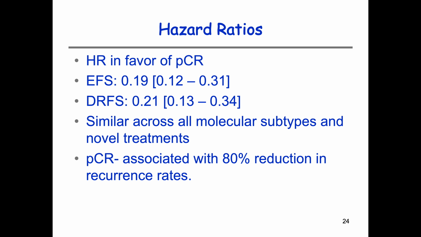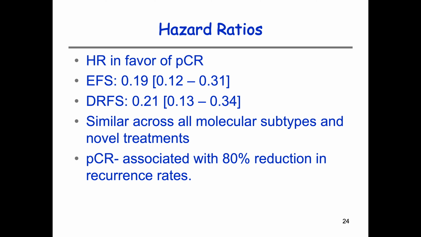Let's move ahead with a new trial. And here are the hazard ratios they found for EFS, 0.19. And these are hazard ratios in favor of PCR, of course, and they're low as they have been before, much in favor of PCR.